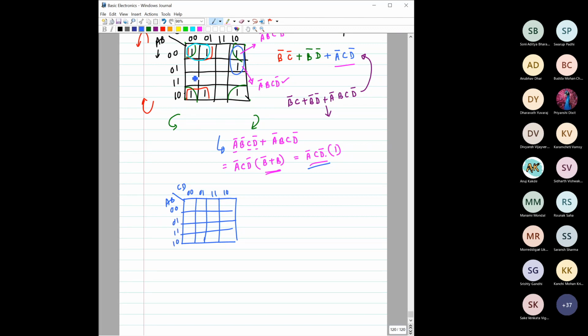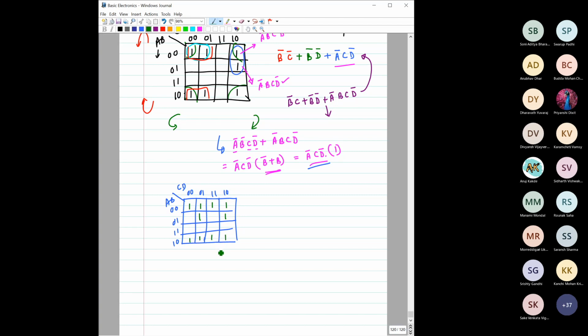Suppose you have ones, let me use this one, 1, 1, 1, 1. Let me write some arbitrary ones here, and let me write the other ones here. So here 1 1 1 1 1 1 1 1.